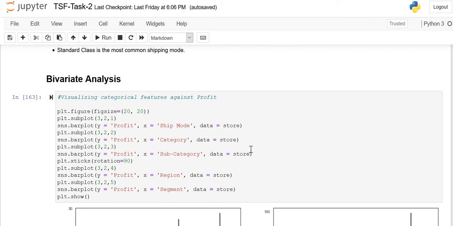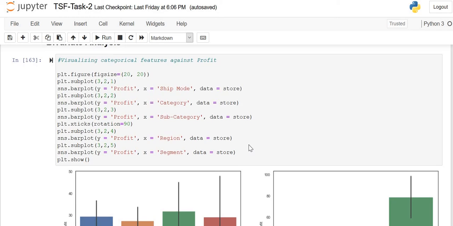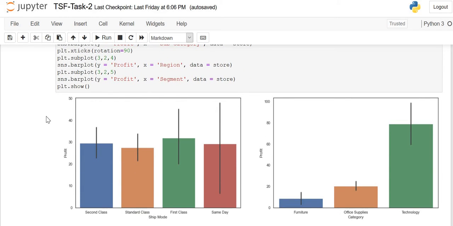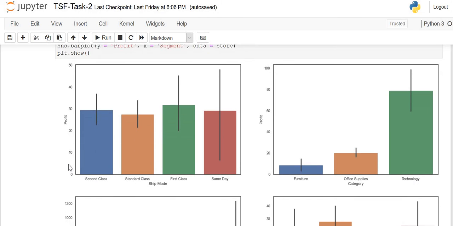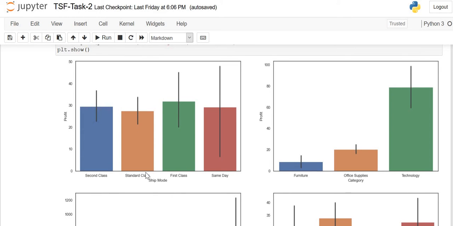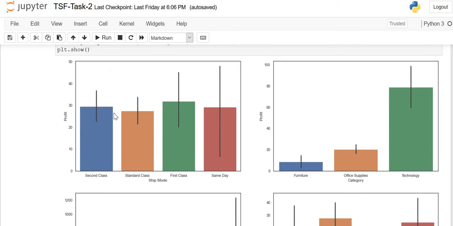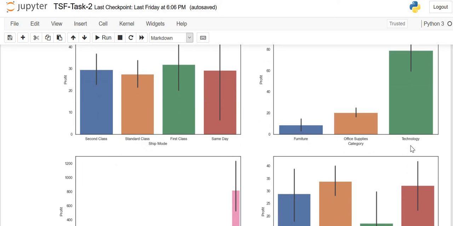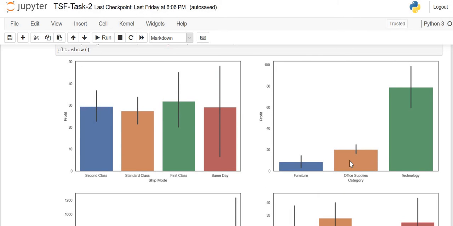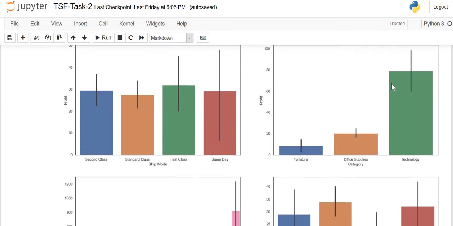Moving on to bivariate analysis, we can see the categorical variables plotted against the profit. So here we see that the first class shipping mode has slightly higher profit compared to the other shipping modes, and the category of technology has the highest profit returns.